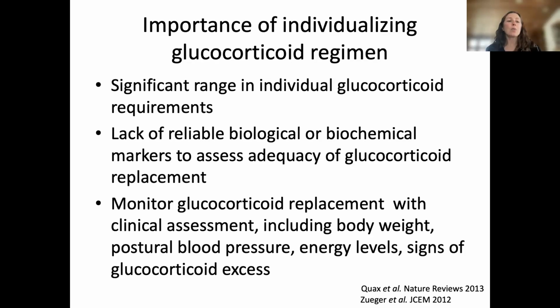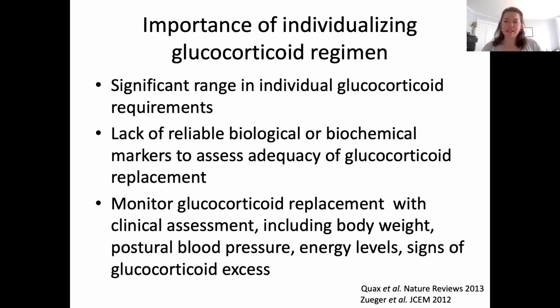So I think we can use what I've presented as starting points, but I do have different patients on different doses. And of course, one of the major problems with the treatment of adrenal insufficiency is that, one, we can't recapitulate the body's circadian rhythm of cortisol. And two, we lack a reliable biological or biochemical marker in order to assess the adequacy of glucocorticoid replacement.